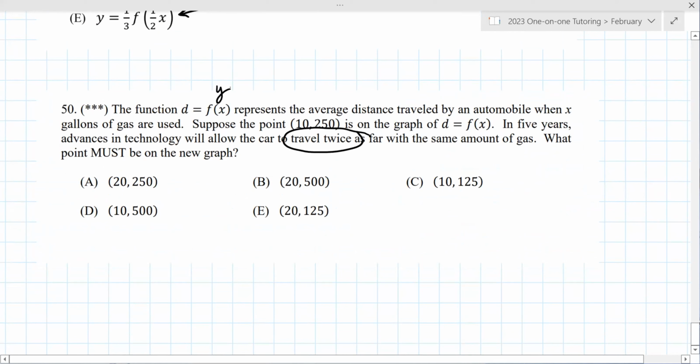And remember, it's affecting y. So we know that this number doubles. That gets rid of some, down to B and D. Same amount of gas, so that's no change in the input. So we would choose letter D.